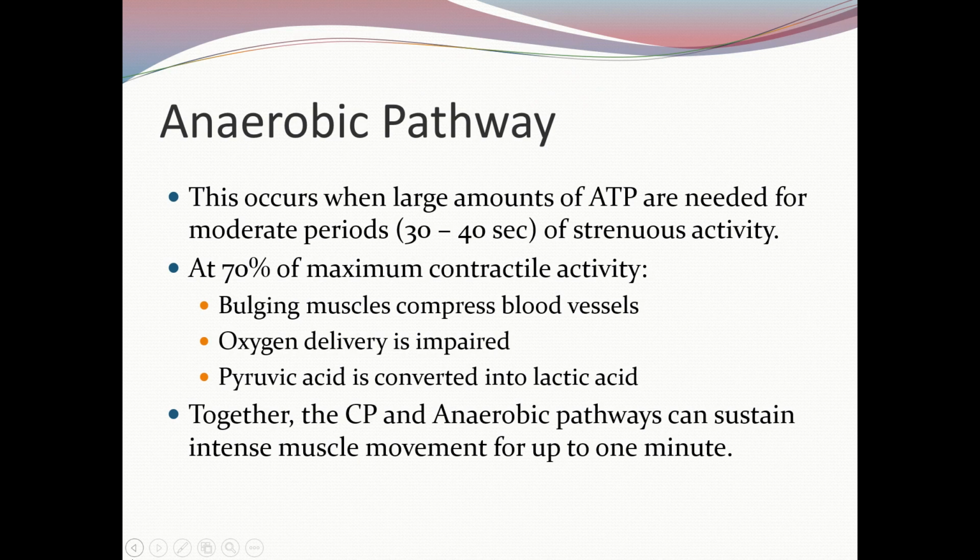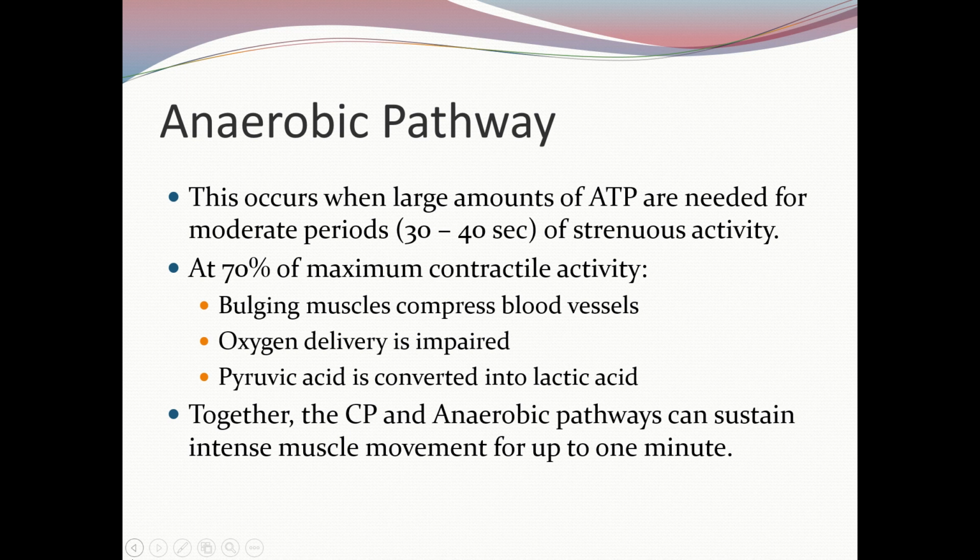And then the anaerobic pathway can take over, and this occurs when large amounts of ATP are needed for moderate periods, like 30 to 40 seconds of strenuous activity. It occurs at 70% of maximum contractile activity. So when you're sprinting really fast, or throwing a punch, or throwing a ball, or jumping, that will cause the muscles to bulge, which will compress blood vessels.